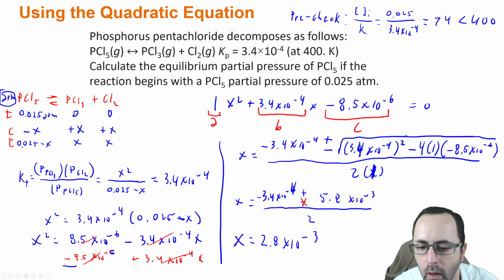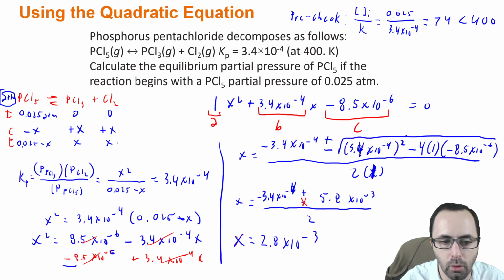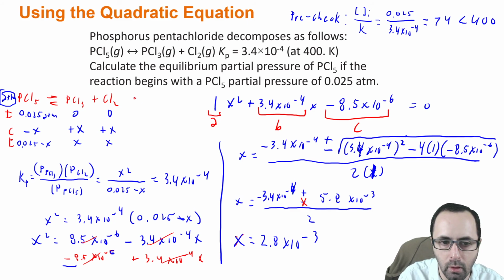Okay, so now we're ready to calculate our concentrations. I can just put them over here. So the pressures of PCl3, it will be equal to the pressure of Cl2, which is equal to x.